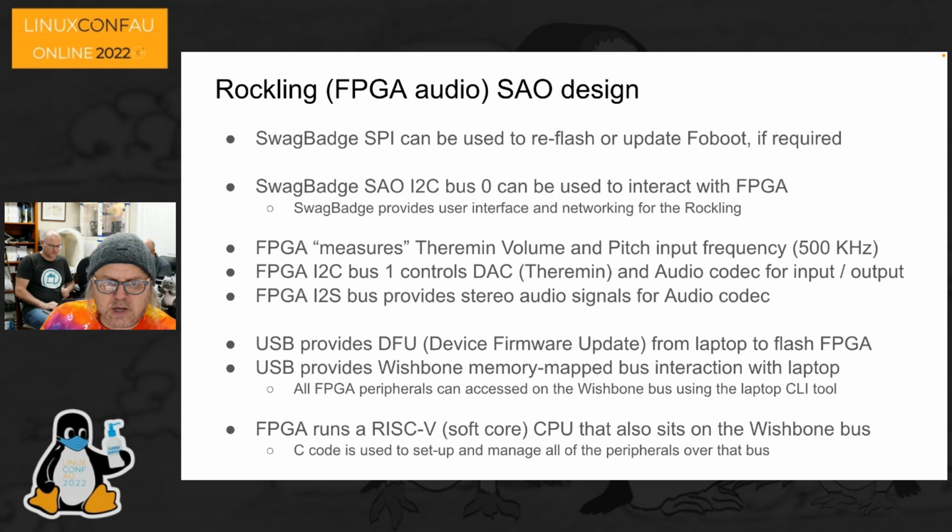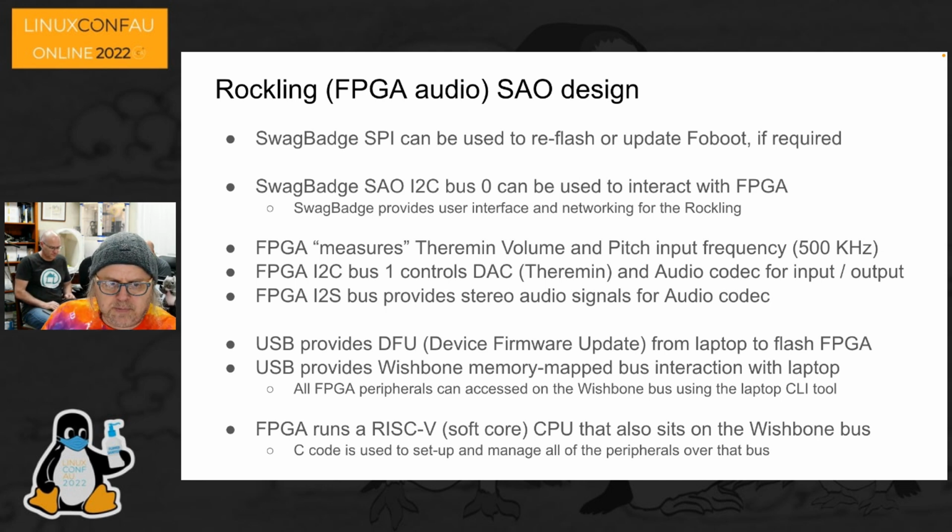The FPGA has a little bit of gateware that counts the volume and pitch input frequency, and then we've got a soft I2C bus controller for controlling the DAC and the audio codec, and also there's an I2S module as well.